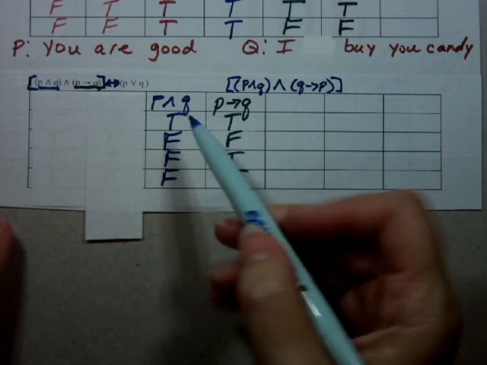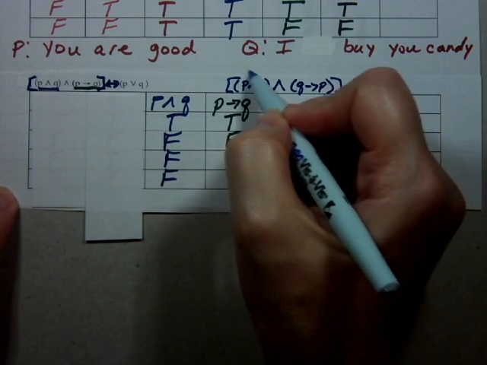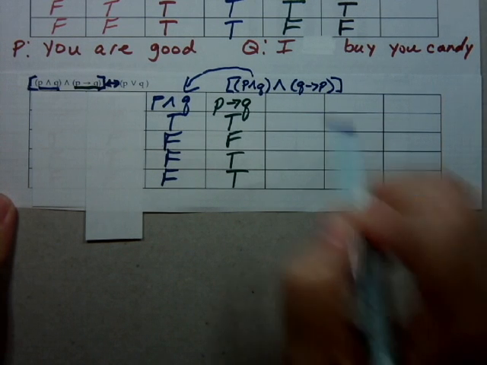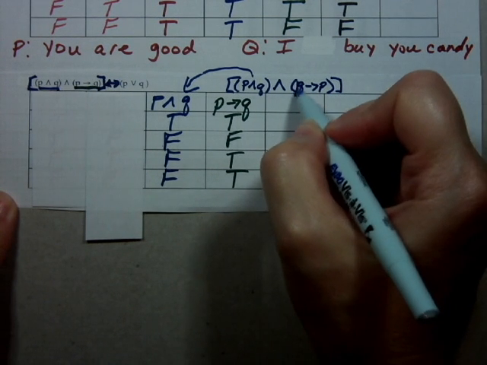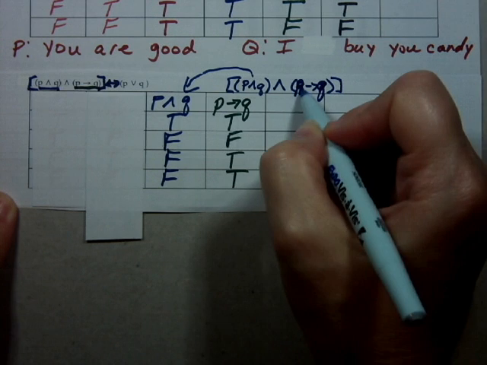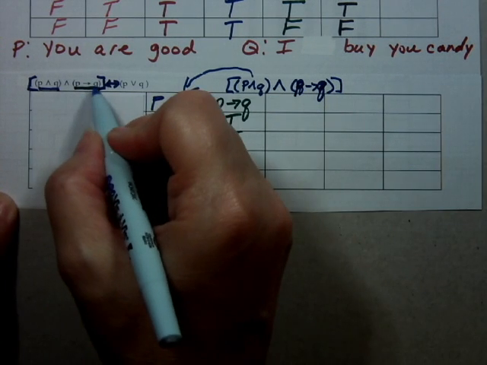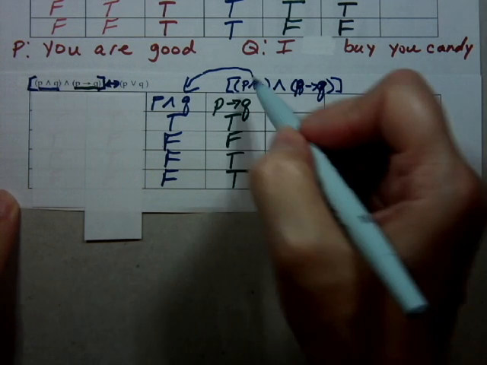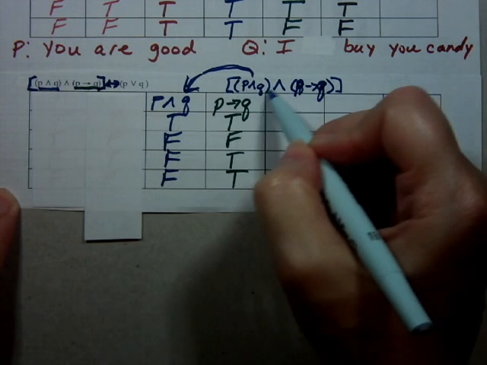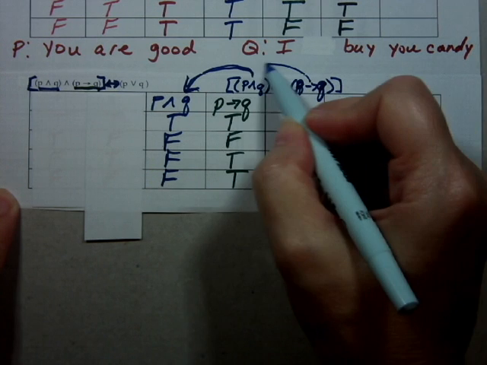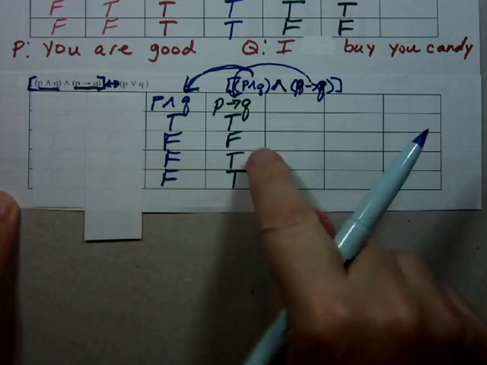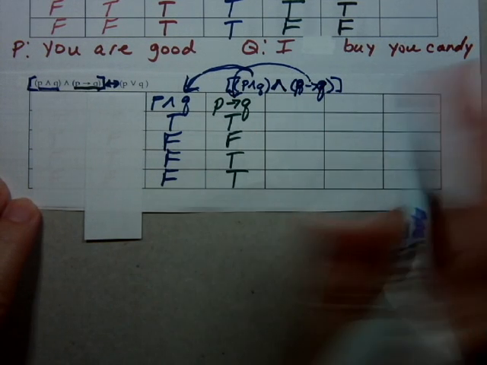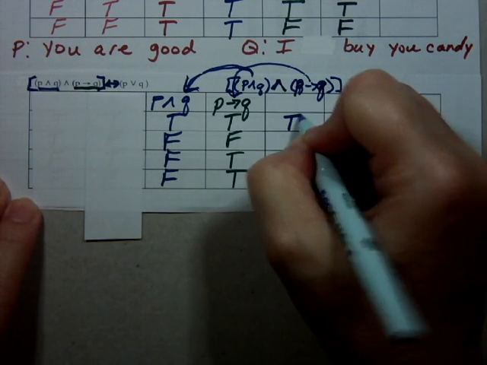Now, here is P implies Q right there. I have it right there. So I need this and that to be true. That's all that says, this and that. True, true, this and that are true, so that's true.